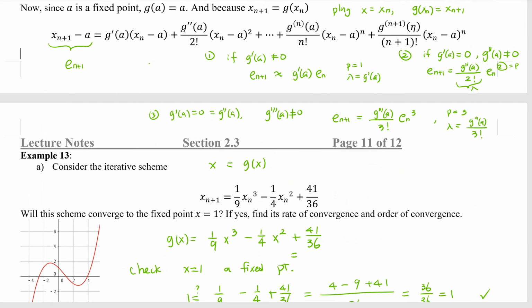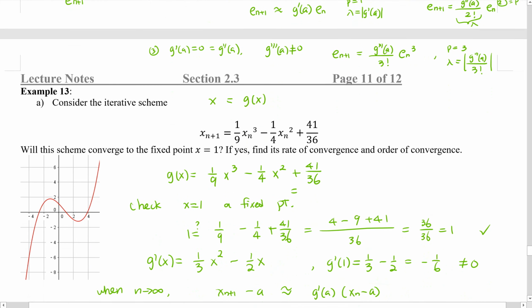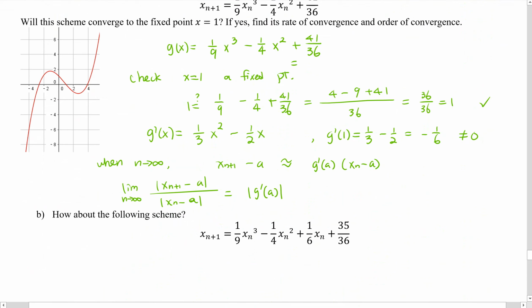So that is the rate of convergence. Sorry, I should put absolute value around it, because usually we put absolute value around e_{n+1} and e_n.